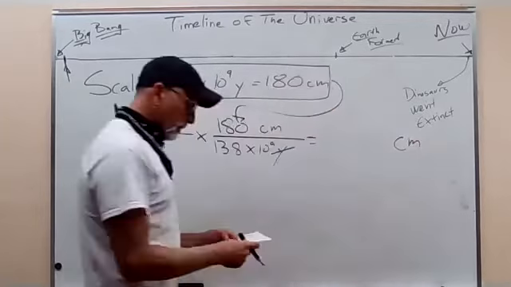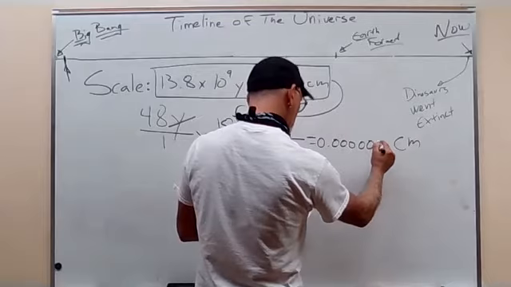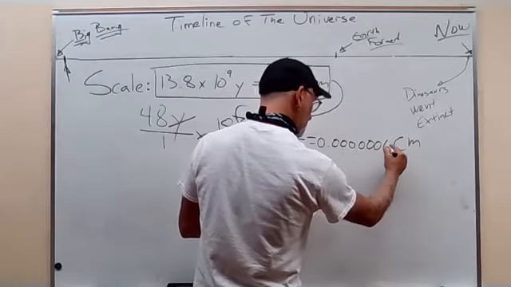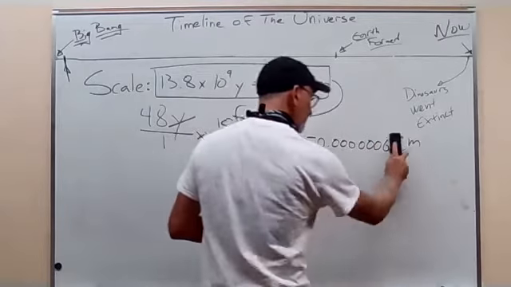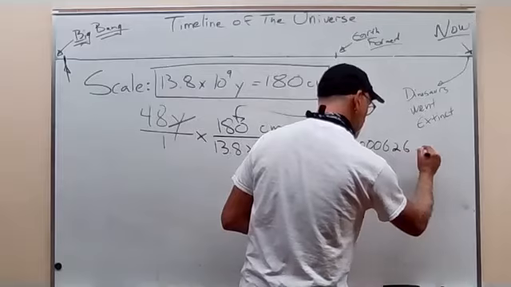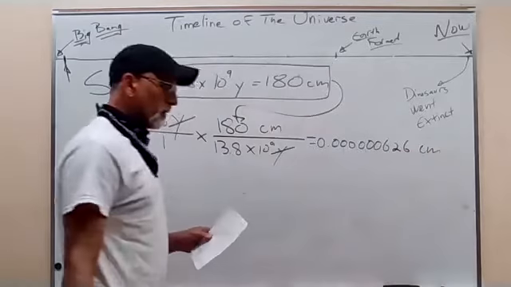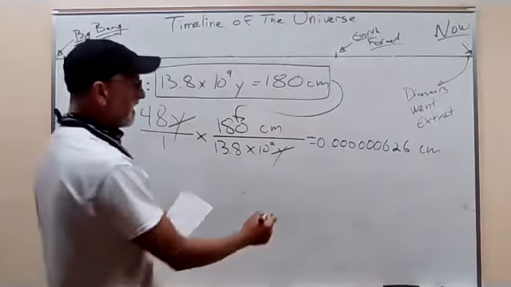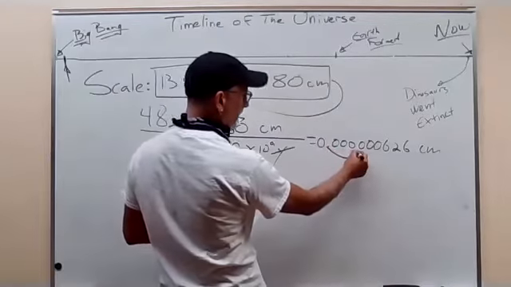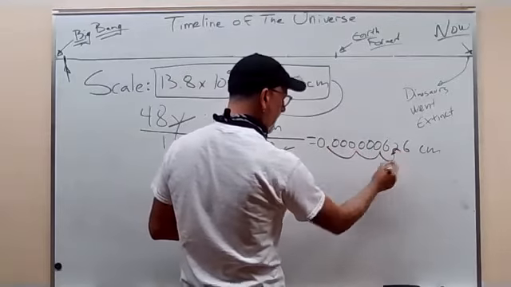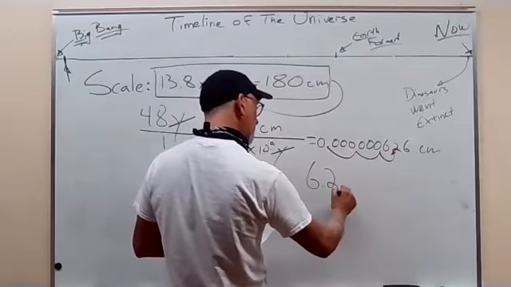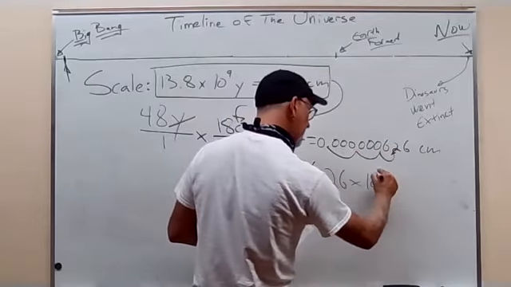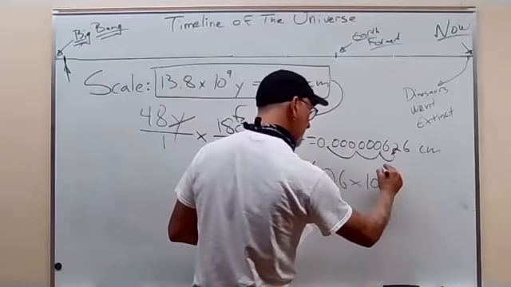And if you do the math on this one, you get 0.0000626 centimeters. This is another reason to use scientific notation. So I would move it 3, 6, 7 to there: 6.26 times 10 to the negative 7th centimeters.